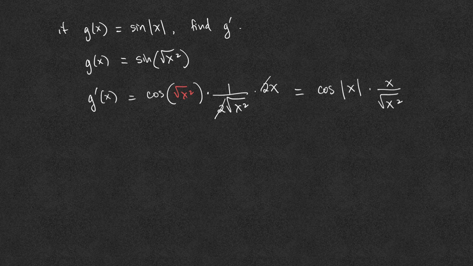But again, the square root of x squared is the absolute value of x. No, we won't be able to cancel out this absolute value because in the numerator, the absolute value of x is an argument of cosine, so it is stuck inside cosine. We can simplify this and end up with plus or minus cosine of the absolute value of x.